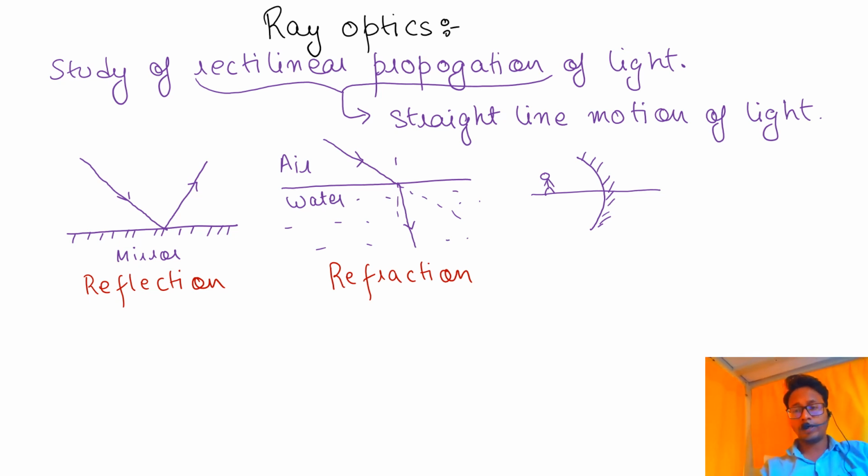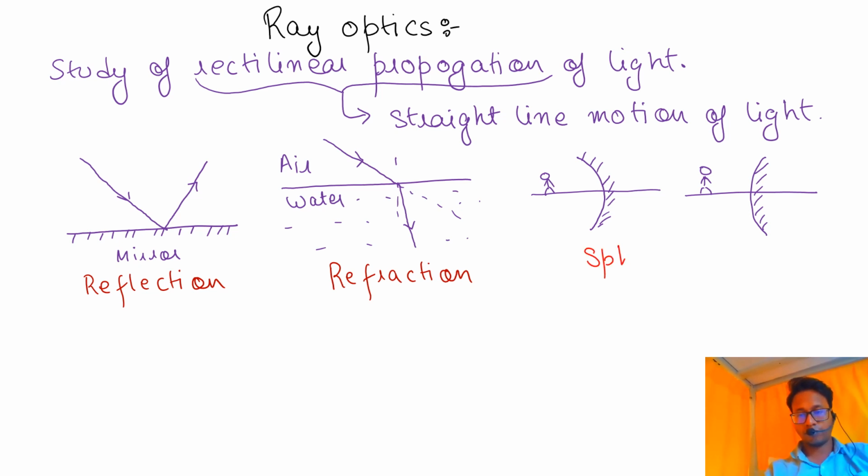Then another type of mirror is this type. An object will be here, and they'll ask you to find the image. These are called spherical mirrors.